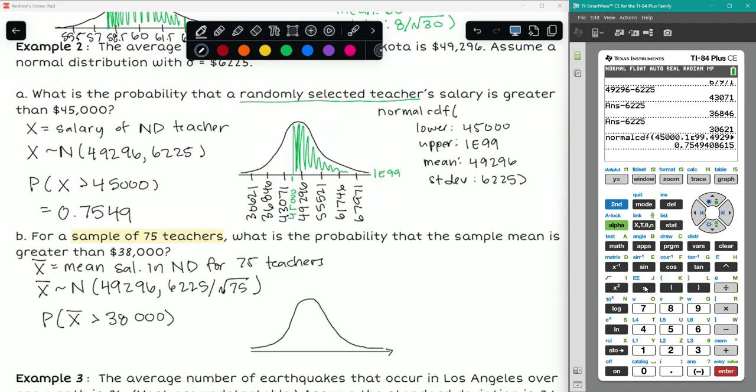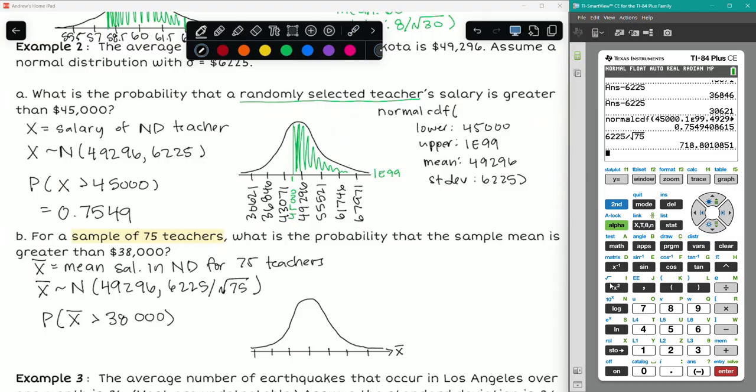That'll do. So mean, 3 standard deviations out in either direction, and then 6,225 divided by the square root of 75. And it's about 719.